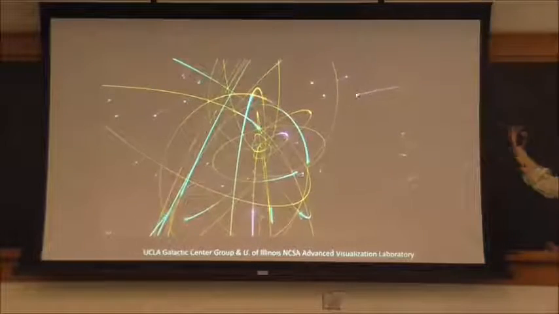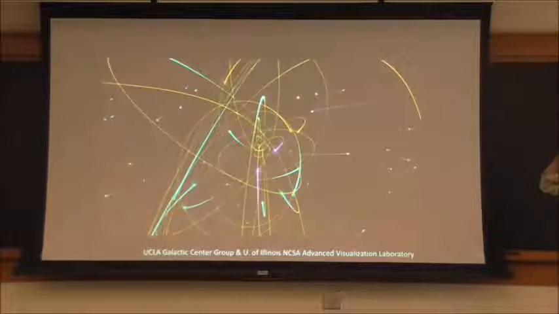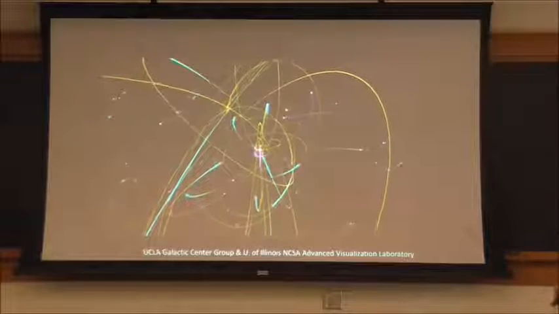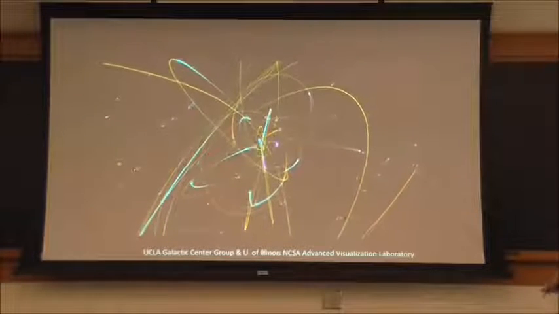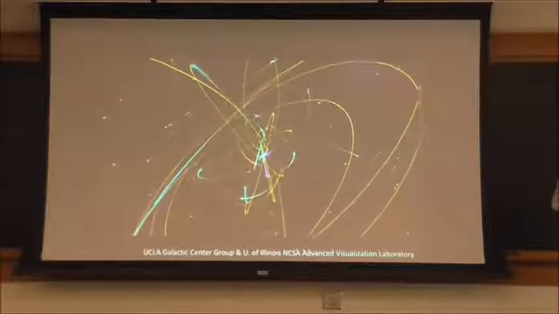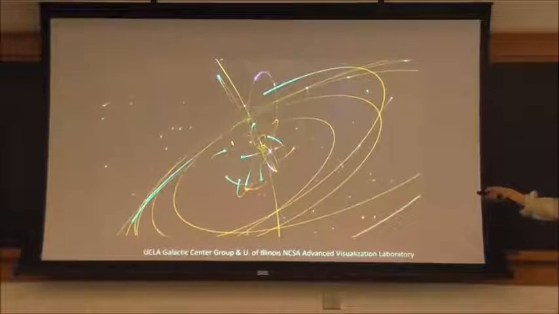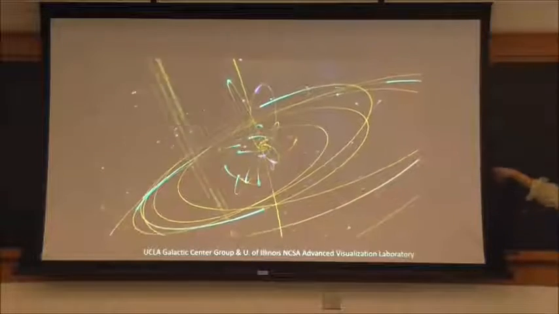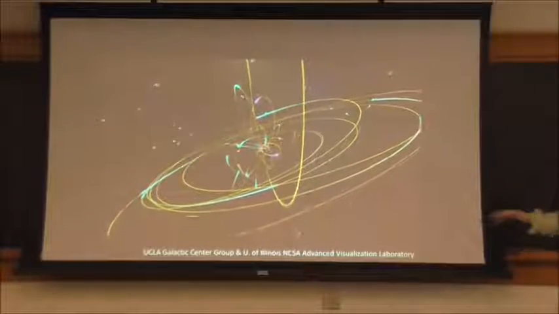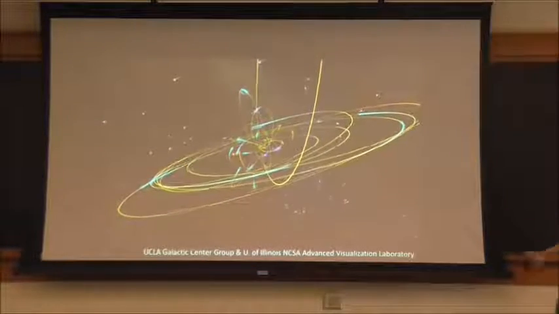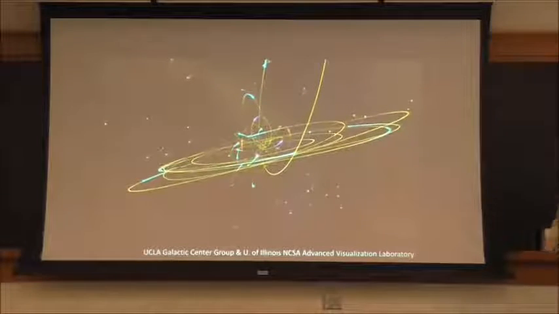So now we're zooming out of the center of the galaxy. And as you come out, you should start seeing by eye different kinematic features. In the very center, the orbits are pretty isotropic, but as you get further out, the disk becomes really apparent, right? And this is the young stellar disk.